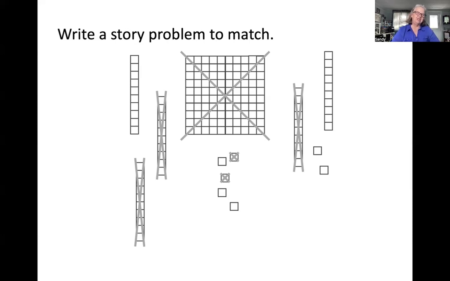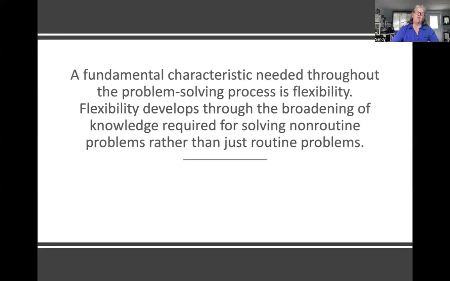So every once in a while, give your child a picture that you've drawn, something for them to tell you some math stories that go with that picture, and see how many different math stories they could come up with. We know that flexibility is key. It's key with procedural fluency. It's key in building that ability to deal with non-routine problems.